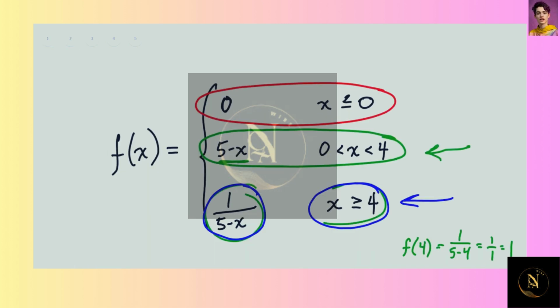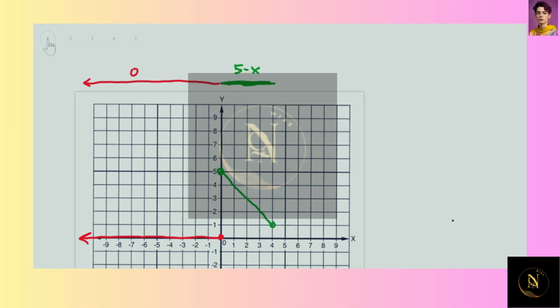And that takes us to our last part of the definition. When x is greater than or equal to 4, 1 over 5 minus x. Okay, so when x is greater than or equal to 4, we'll make that blue. So this whole part of the graph, 1 over 5 minus x. And hopefully we recognize that as, well, we can see there's an asymptote at positive 5.